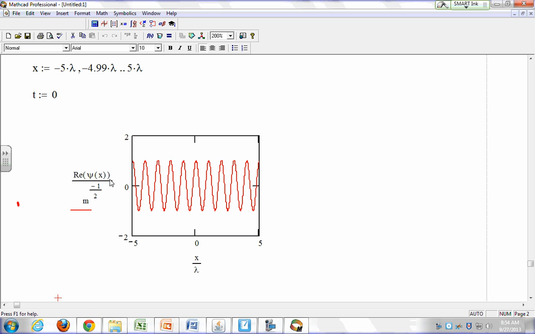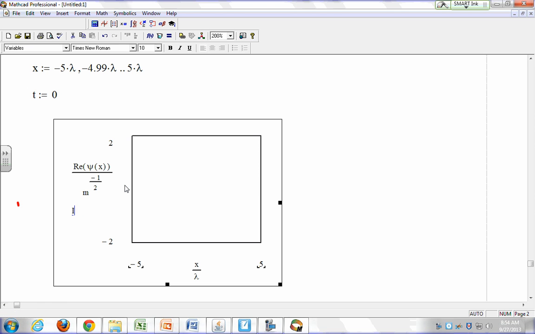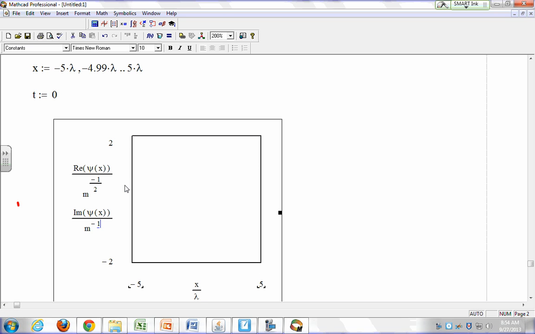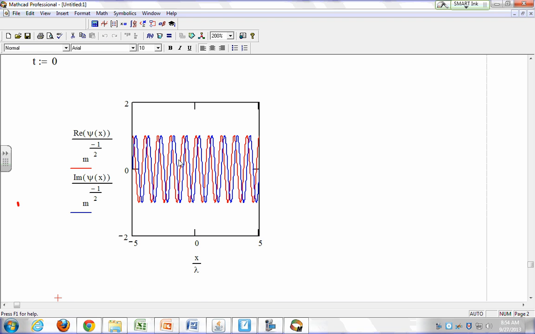All right. And if I were to plot the imaginary part of psi, in meters to the -1/2, there's your sine function. So your sine function starts at 0, right? And your cosine starts at 1. Alright, so let's do another plot here. This time we're going to plot big psi itself.